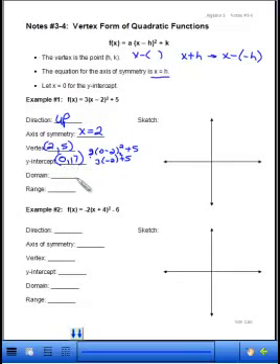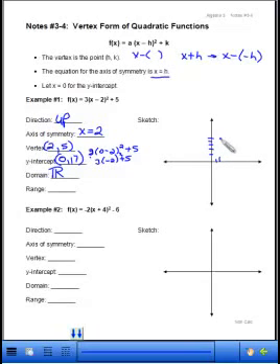The domain of any quadratic is all real. And the range is going to be, let's look, let's graph this. We're going to go over here to 2 and up 5.